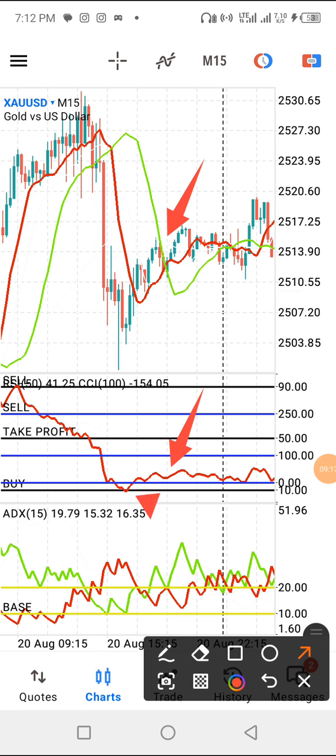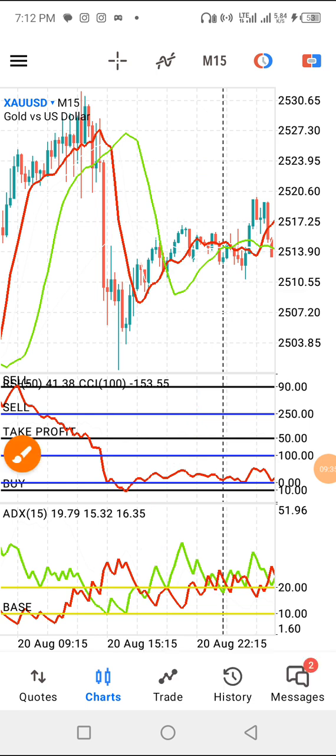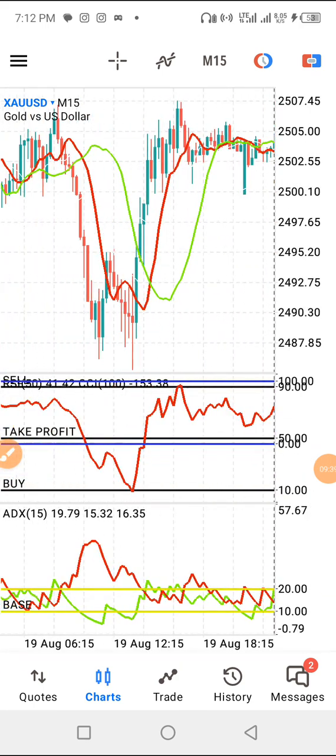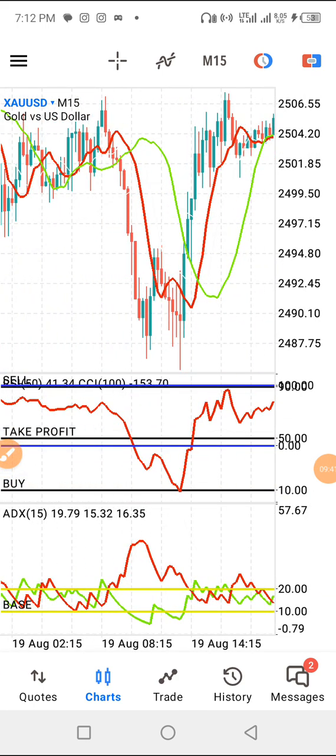Then in your window 2, we want to see the positive ADX above level 20, while negative ADX below level 20. So when you have this, you'll be able to scalp a buying opportunity before price definitely changes its direction. Exactly. This works for every pair, be it synthetic, be it currency. So whichever one you're trading, as long as you are using your mobile phone, there's always high probability that the trade will definitely go in your favor.